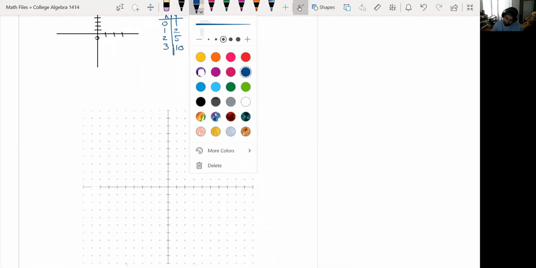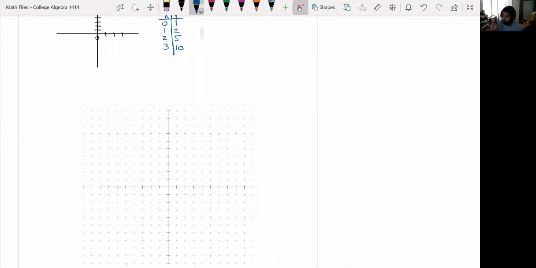I'm not going to skip intervals, so let's plot this function. 0, 1, 1, 2, 2, 5, and 3, 10.